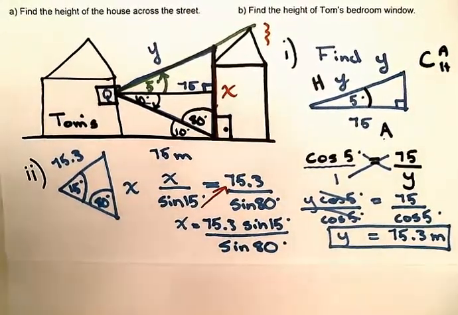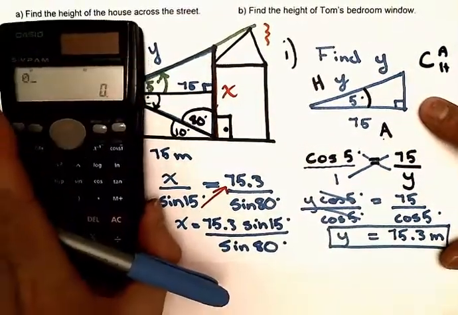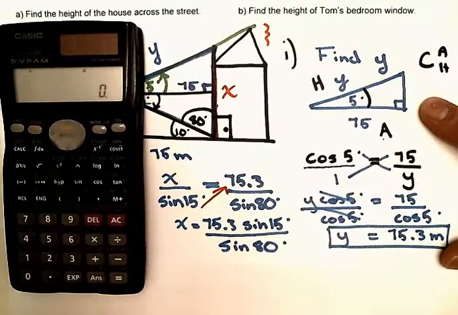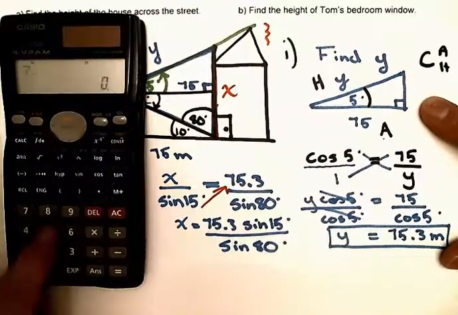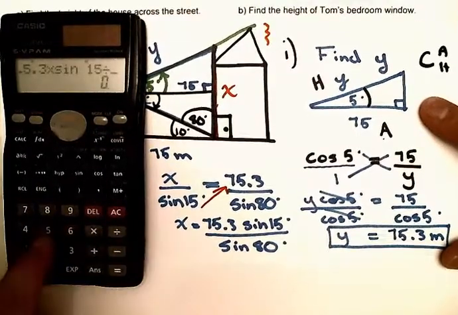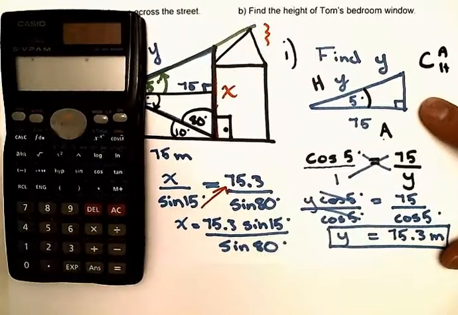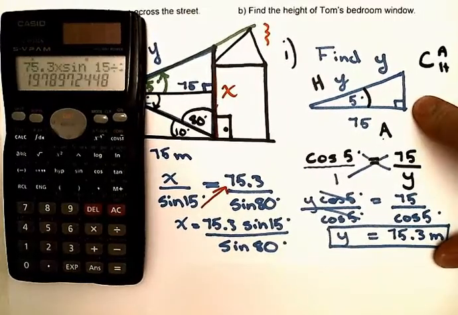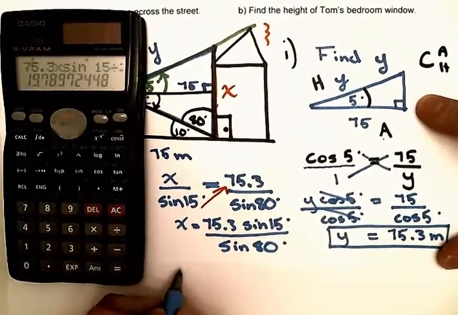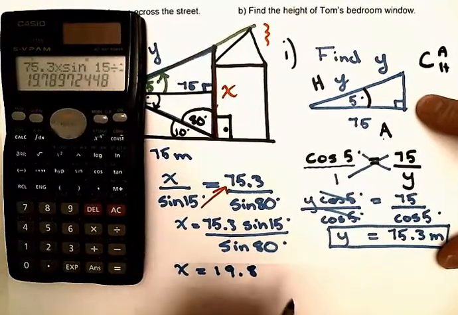And you can calculate that with one shot in your calculator. So 75.3 times sine 15 divided by sine 80, and you end up with 19.8, and that would be meters.